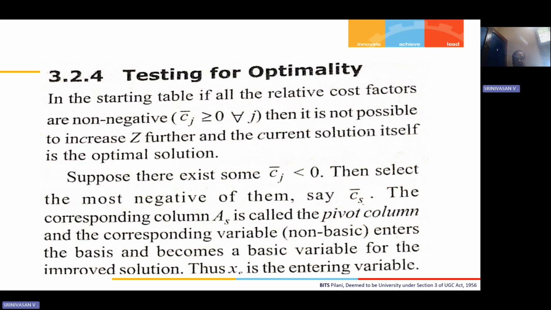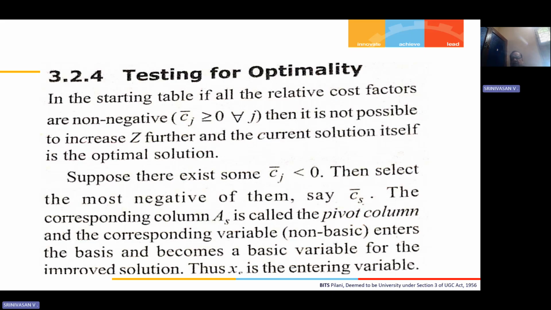Therefore, for optimality, the condition is that Zj minus Cj must be greater than or equal to zero for all j. That's important.